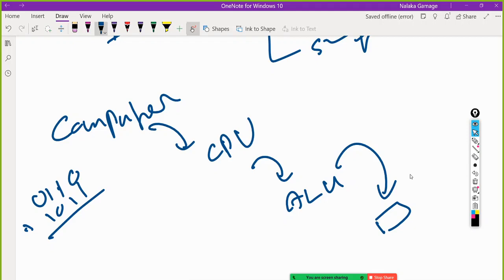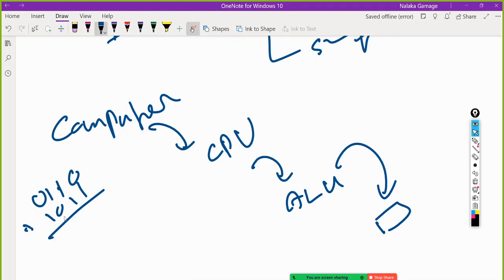It is something like, when you look at a human, you see that the human has different organs: stomach, heart, brain. But if you dig further down, you will see there are cells, right? Likewise, just like we go to the cell level in the human body, what is that device in the ALU that is going to do this processing?